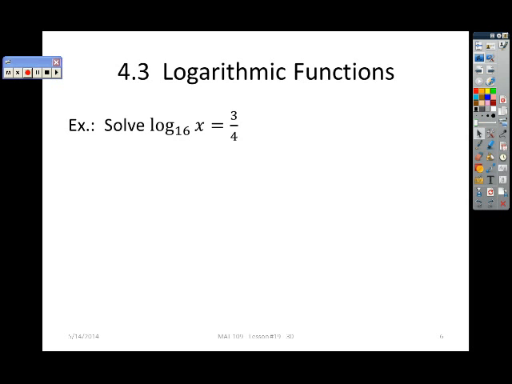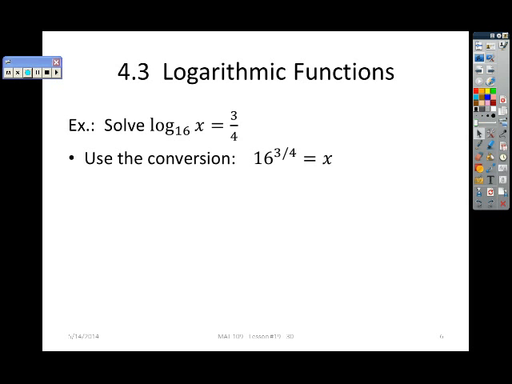What would this exponential form look like? Take the base, 16, raise it to that power, and set that equal to that number. 16 raised to the 3/4 power equals x.